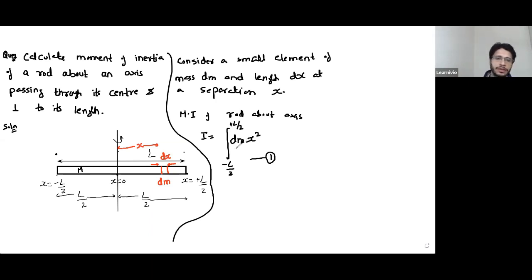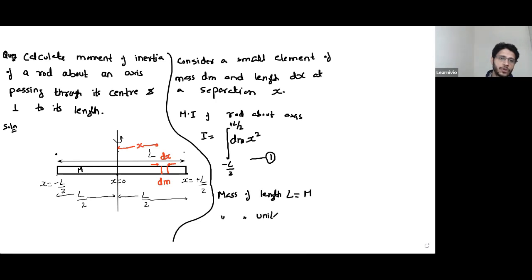So we will convert this dm in terms of dx. If you remember, we did similar calculations while doing the center of mass of a rod. To convert dm in terms of dx, we can use the unitary method. Mass of length L of the rod is m.